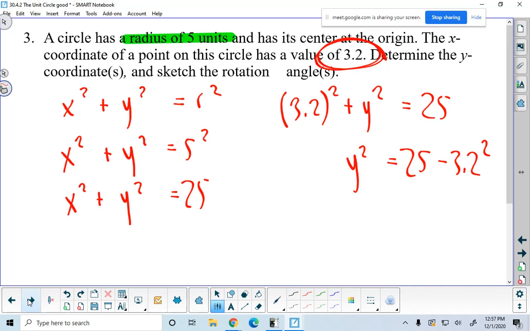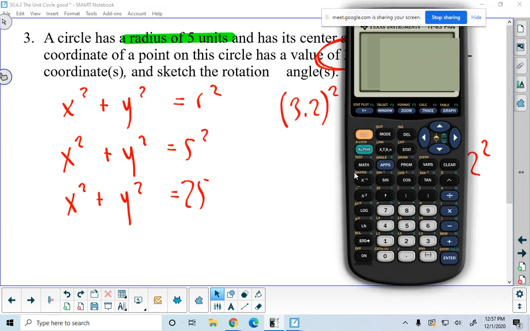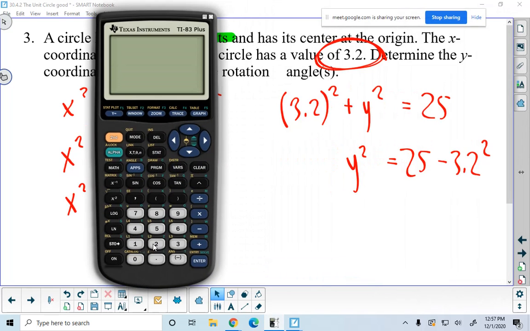So we need to figure out what 25 minus 3.2 squared is. So we get, well, it might actually work out nice.